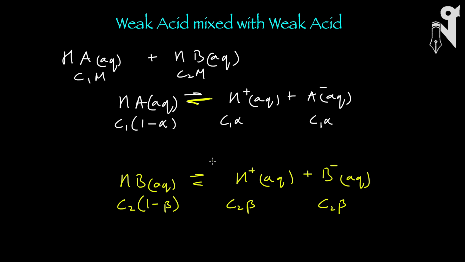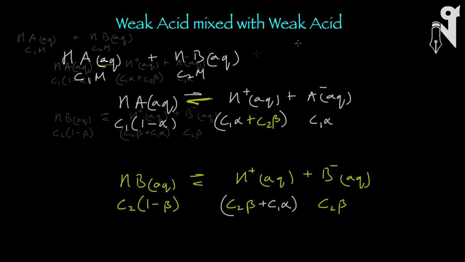In this case, will it be backwards again? Yes, it will not dissociate as much as it would have dissociated without the presence of the other one, because we do have a common ion effect, and H plus is not only from HA but also from HB, and similarly H plus in the other equation is from HA. So that's the total amount of H plus ion.